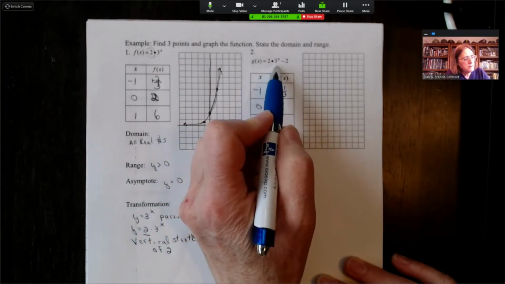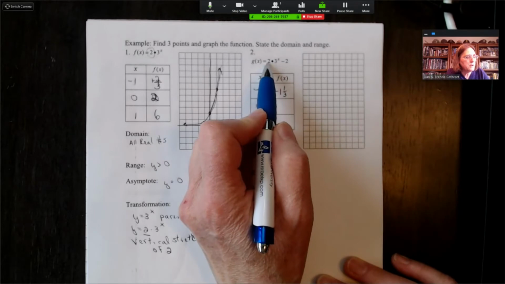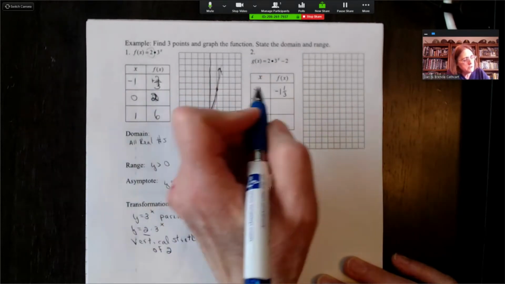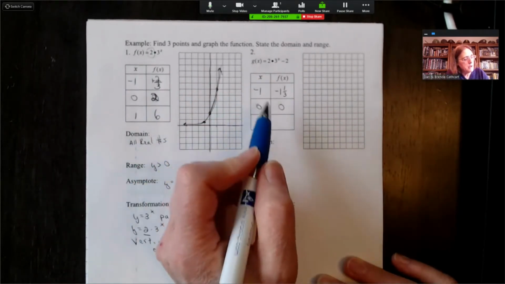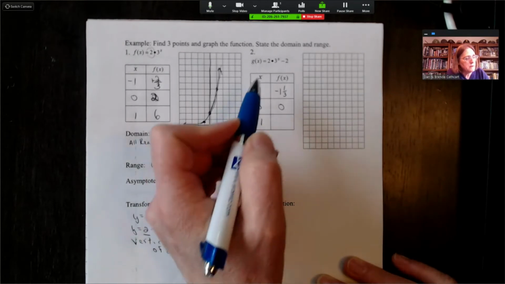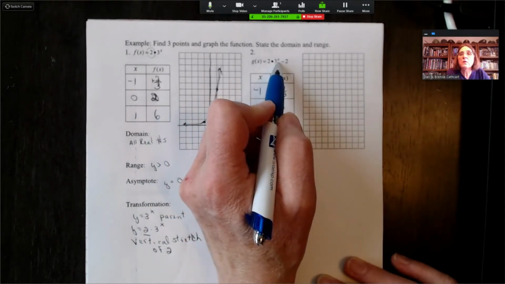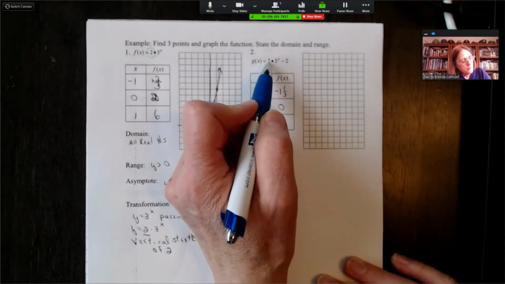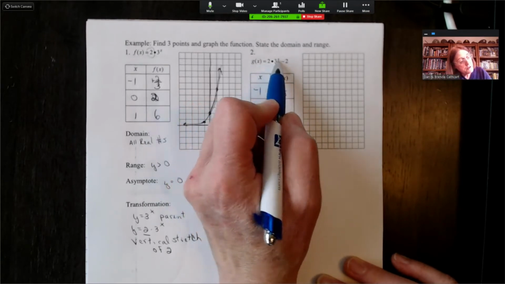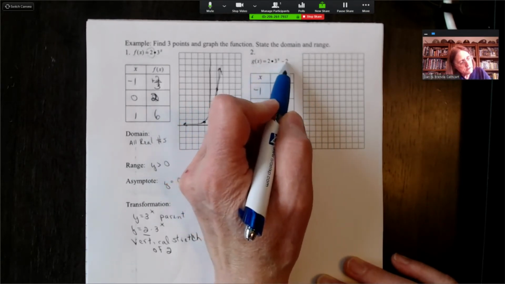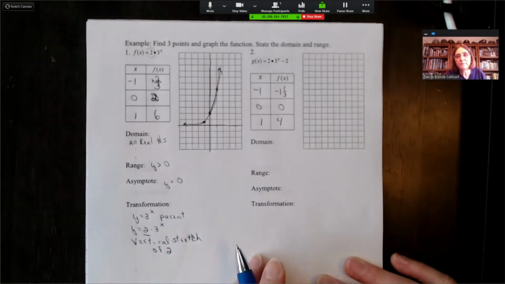Substituting in 0, 3 to the 0 is 1, 1 times 2 is 2, and 2 minus 2 is 0. And then substituting in 1, 3 to the first is 3, times 2 is 6, minus 2 is 4.